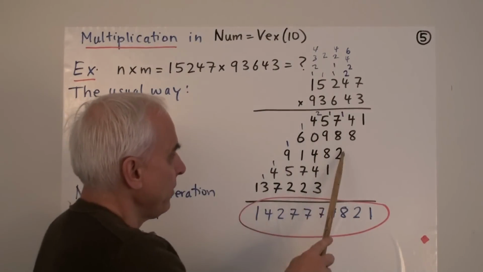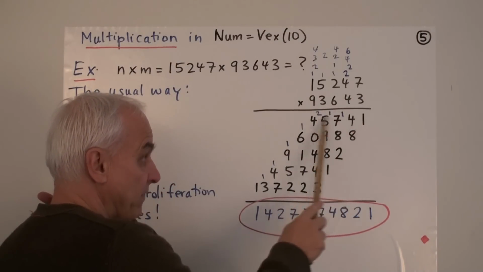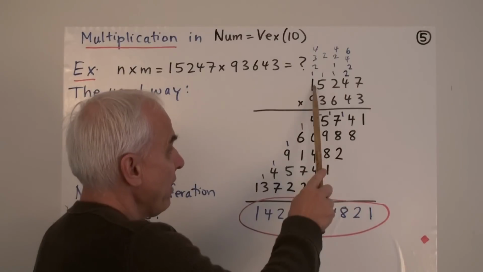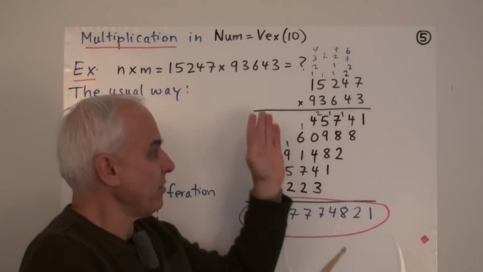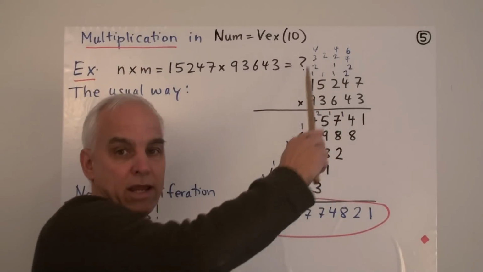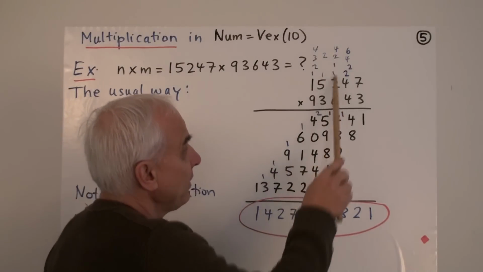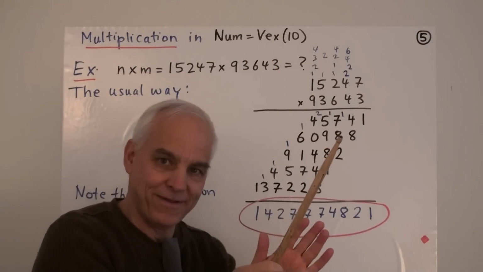The next one, multiplying by 6, will give us this. The next one, 3, is the same as that first one there, so we can copy that one there. And then when we multiply by 9, we have some more things to do. Now note that every time we do this, we are introducing more carries. And we want to record those carries, and you can see that the carrying area gets a little bit full, right?